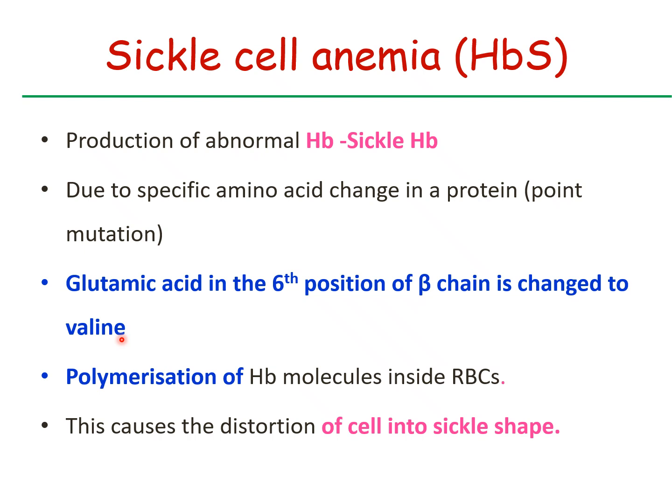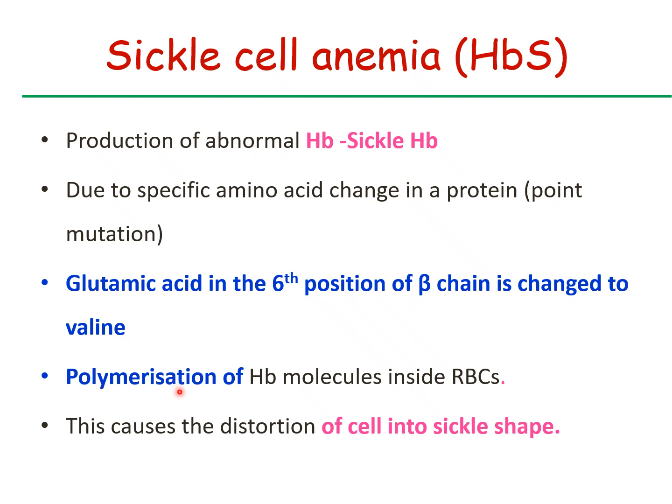As it is water hating, sticky patches may happen. Those sticky patches within the RBC cells may cause polymerization, and that forms crystals with a sickle shape, and finally it leads to hemolytic anemia. Sorry, sickle cell anemia. Here we should not say hemolytic anemia, but sickle cell anemia.